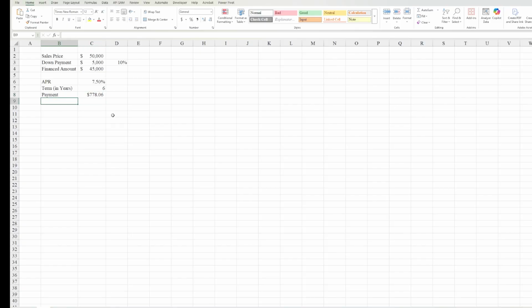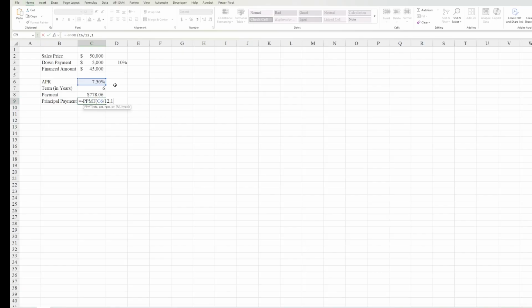Now some other interesting formulas inside of Excel are your principal payment. So we can say that our principal payment on a fixed interest rate is going to be equals negative PPMT, and the rate is going to be this divided by 12, and the period, you're just going to put 1.